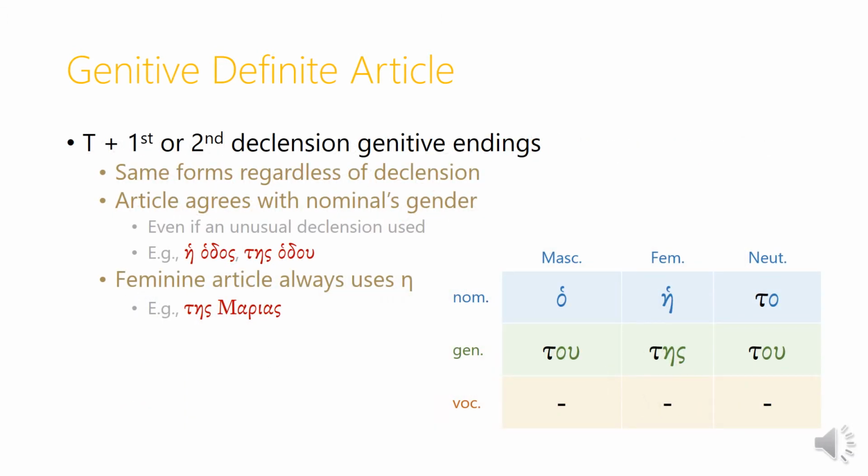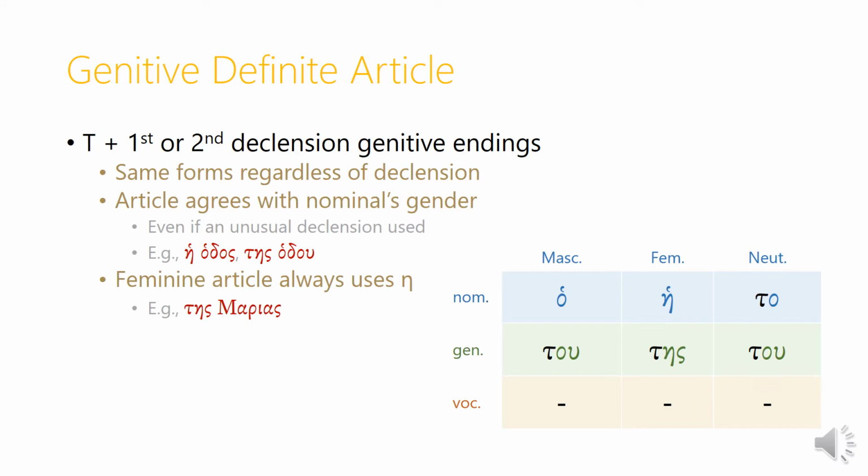The genitive definite article is quite easy. You've got tau again, plus first or second declension genitive endings. Again, there's no third declension definite article. Third declension nouns just use the first or second declension endings the same way that other nouns do.